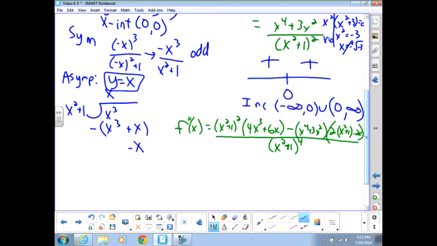Remember, second derivative of a rational function almost always will have something that'll cancel out in every term. In this case, everything has an x squared plus 1, so we can take one of them away. And now we'll simplify. That first thing we're going to have to FOIL. So we'll have 4x to the 5th plus 6x cubed plus 4x cubed plus 6x.